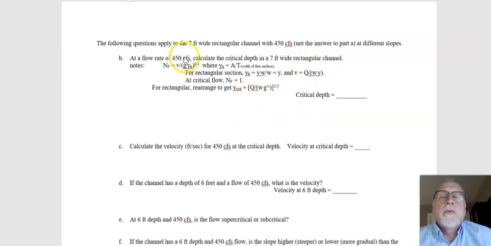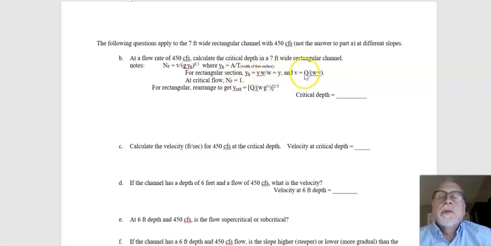So at a flow rate of 400 cubic feet per second, calculate the critical depth in a 7-foot wide rectangular channel. So the flow number is velocity over the square root of g times yh. For a rectangular section, the yh, the hydraulic depth, is just the depth.